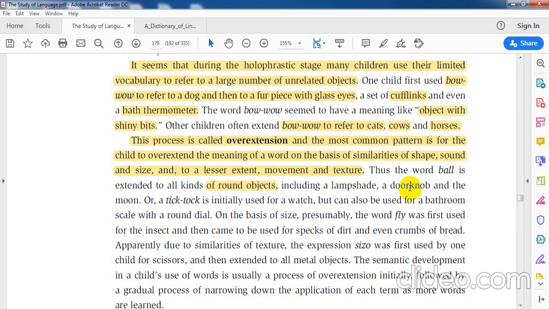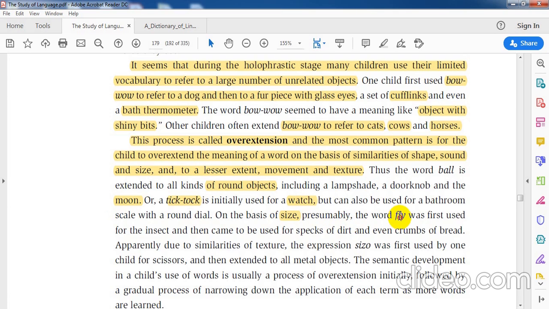Lampshade maybe, or doorknob, and the moon, since it is round also, you see. Maybe that child used the word tick-tock because it's very easy for that child to use. Tick-tock initially used for a watch. This is okay, and this is a correct reference. But it can also be used for a bathroom scale with a round dial. On the basis of size, you see here, this is shape and this is size.